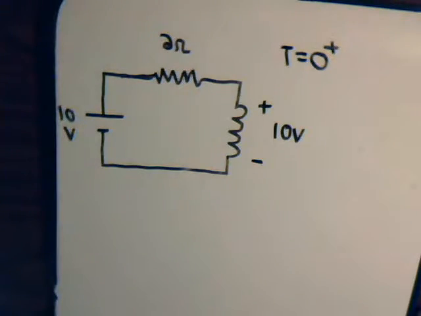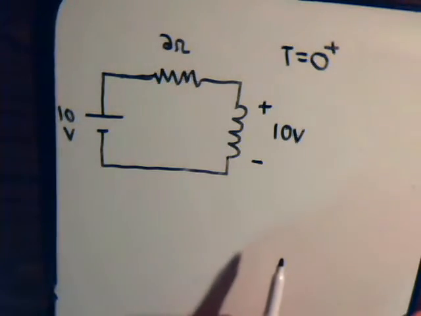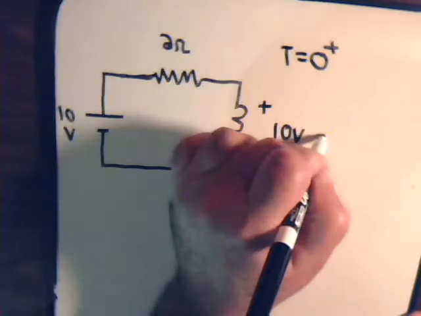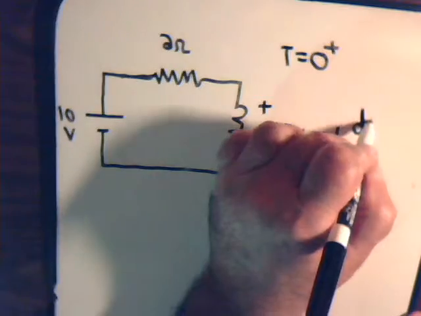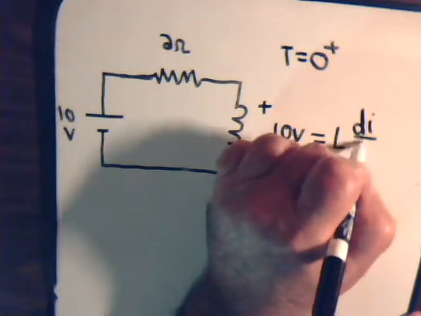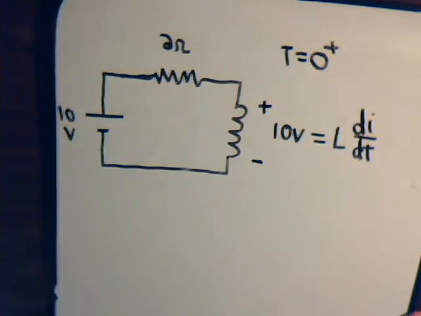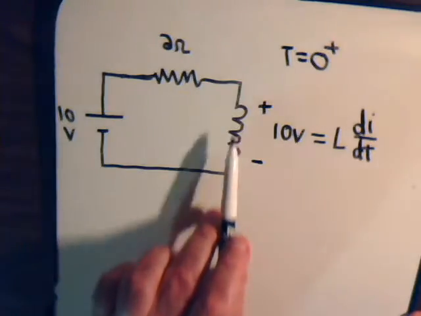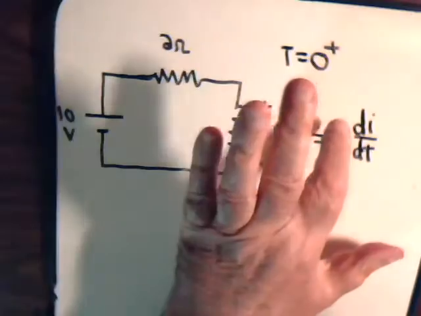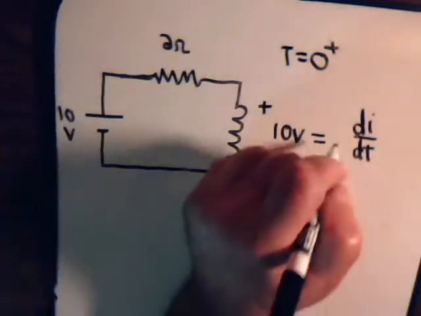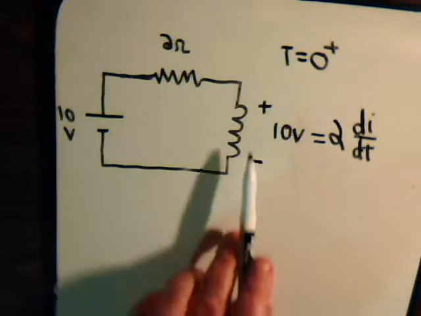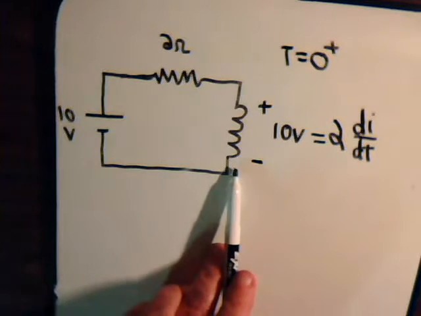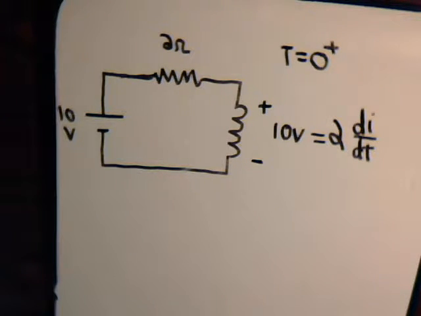And how can that happen? Well, remember, the voltage here in the coil equals L di/dt. So let's say, for example, this had an inductance of 2 henries. So we see that the voltage that's across this coil does not depend on the amount of current going through it.